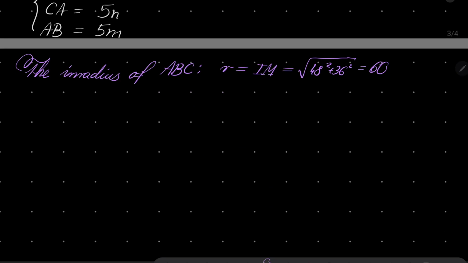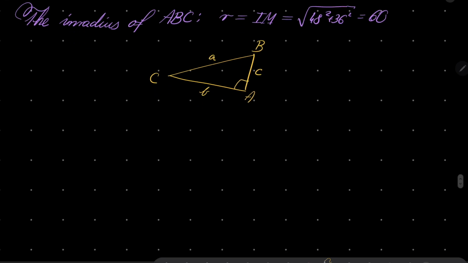And now I will use a well-known formula for the inradius of a right triangle, namely, if I have a right triangle with sides A, B, C, right angle at vertex A, and I have incircle and inradius R, there is a well-known formula that it is (B plus C minus A) over 2.